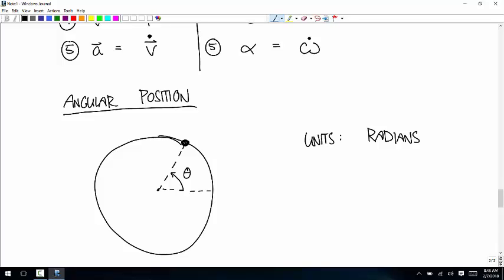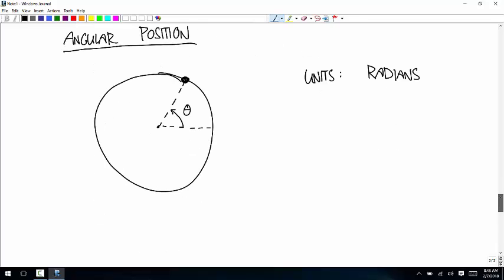So you can keep your calculators in degrees, but these are represented in radians. I think I give a lot of numbers in degrees.